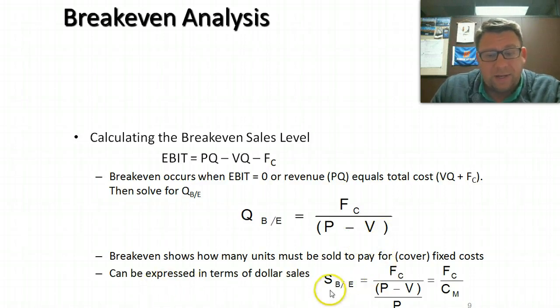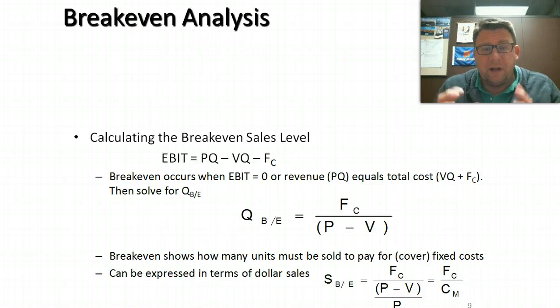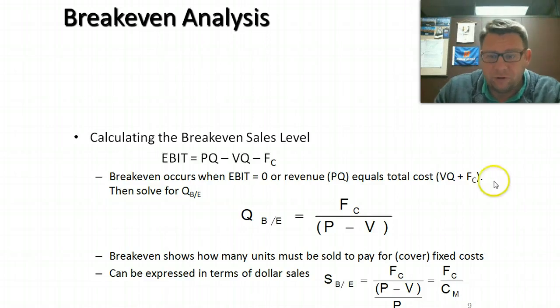You can go ahead and write that down. Our break even in sales dollars is our fixed costs divided by our contribution margin ratio, the ratio we just calculated in the previous slide.